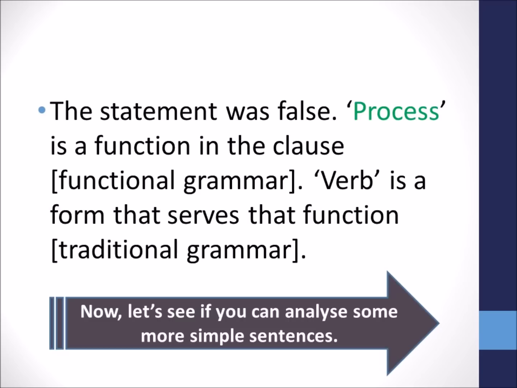Okay, of course the answer is that that statement is false because, as you heard me describe before, the process is showing how that word or that group of words is functioning in the clause. It's about the function, whereas the term verb is showing its form, it's giving it a particular label, and not at a clause level, but at a simple word level.